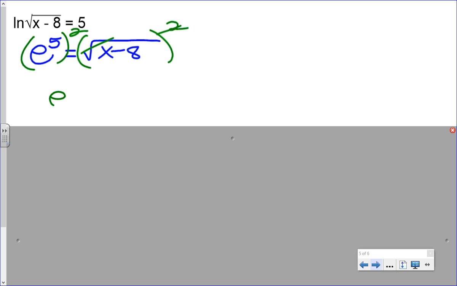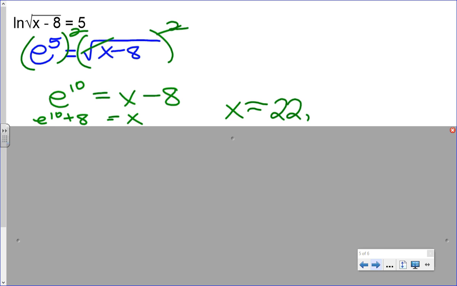And we have e to the power of 10 equals x minus 8. So now x is going to be e to the 10th power plus 8. You'll have to approximate that with your calculator. It's probably going to be a big number if you are taking e to the 10th power, right? Chris, what'd you get? 2034.466.